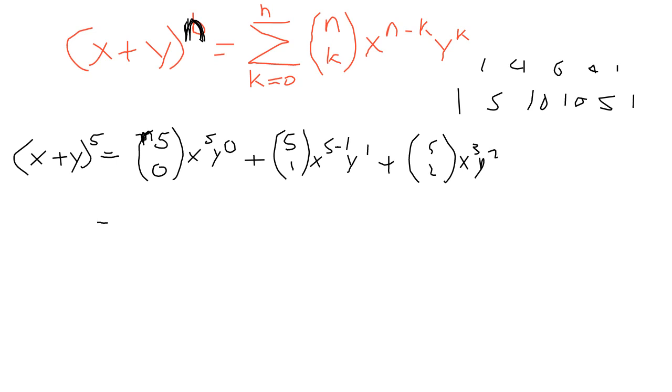It's going to go right up to 5C5, x to the 5 minus 5, y to the 5, which is just y to the 5. Any number choose 0 is 1, and y to the 0 is 1, so this is just x to the 5. 5C1, any number choose 1 is the number, so it's 5. x to the 5 minus 1 is x to the 4, and y to the 1 is y. So you see it works out.